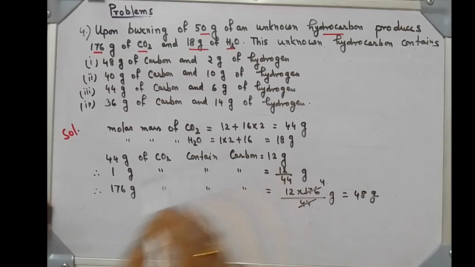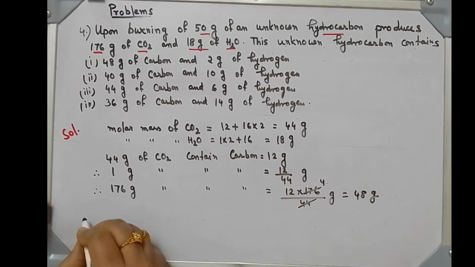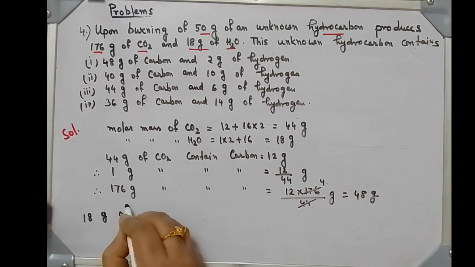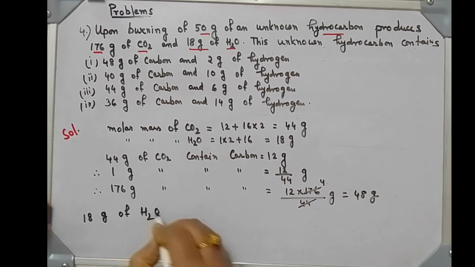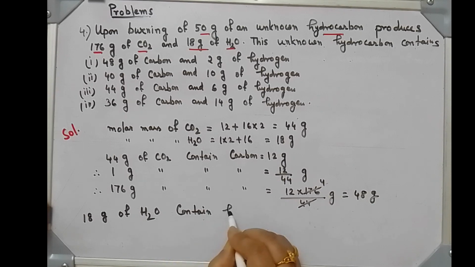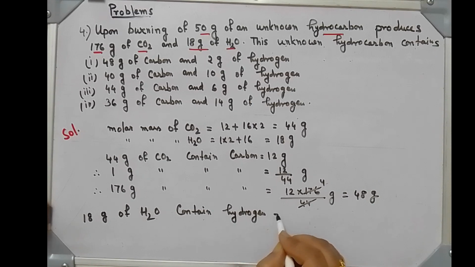Now from molar mass of water we can write, 18 gram of water contain hydrogen how much? 2 gram.